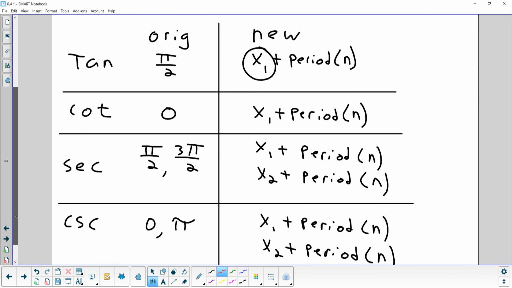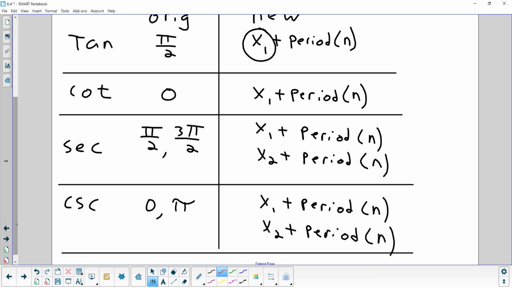Technically, there is a way to describe what's happening to both of them with just one equation. You'd have to think about it a little bit to figure that out. But if you do it this way, it's okay. So we have two different asymptotes in secant and cosecant, and we're going to describe them with two separate equations. Not the most optimal way to do it, but it's a little easier than trying to describe it with one.